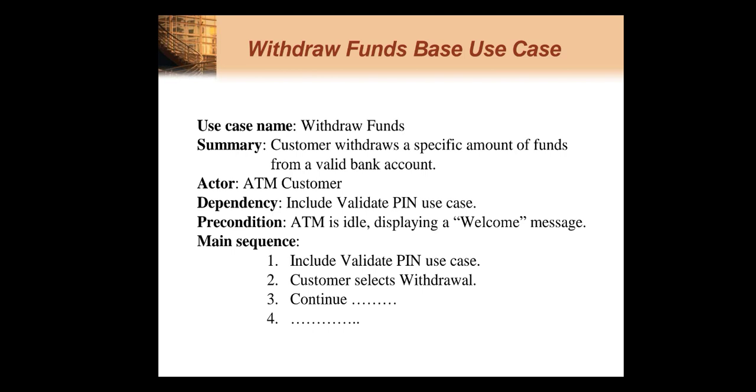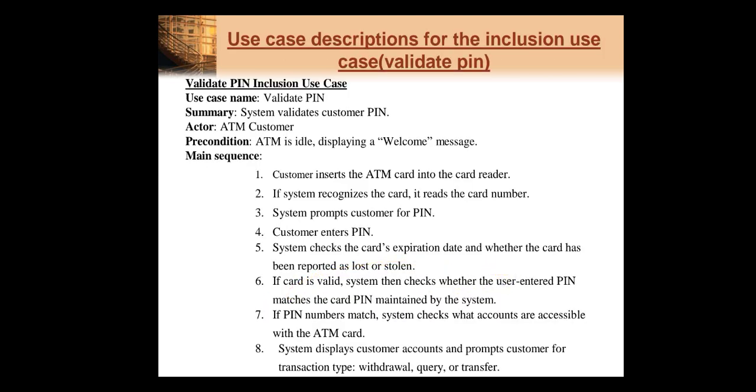What is the precondition? Again, you require that the ATM is idle and displaying the welcome message. Whenever you write the main sequence for your base use case, the very first step is whatever inclusion relationship you want to include inside your base use case. Here I am including the validate PIN use case. Whatever the steps in the main sequence of validate PIN, all 8 steps are included here, and then step number 9 is that the customer selects the option, that is, withdrawal.